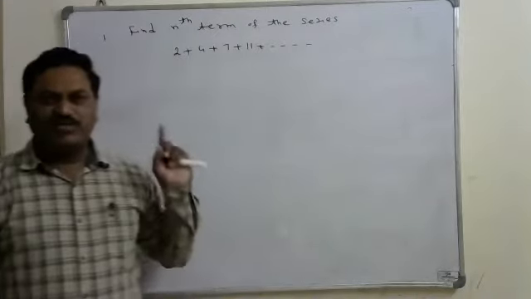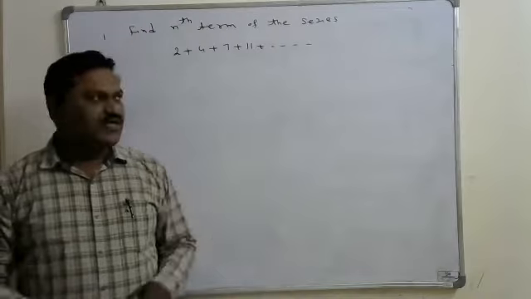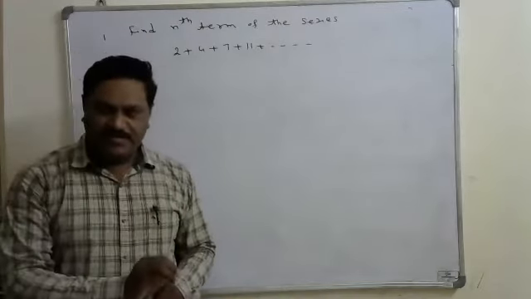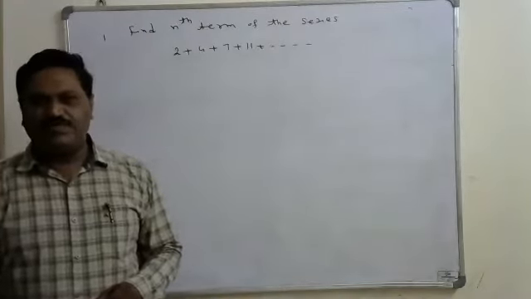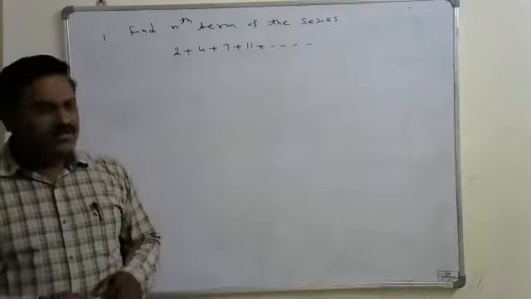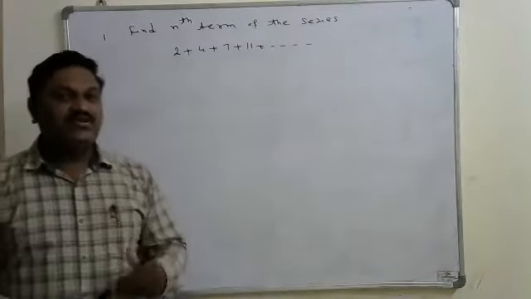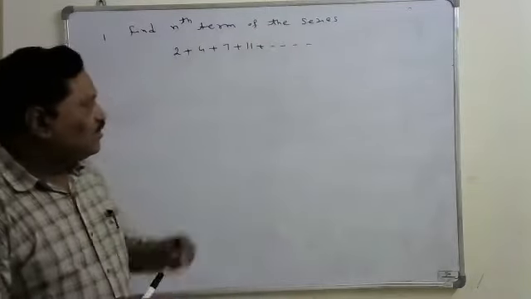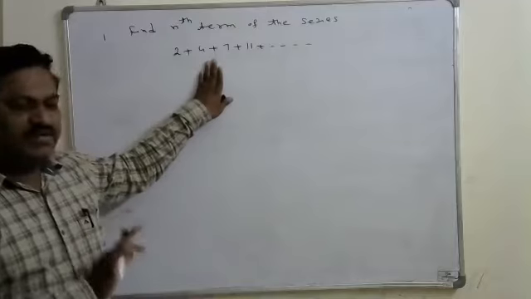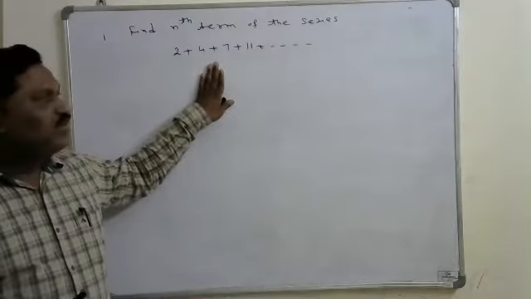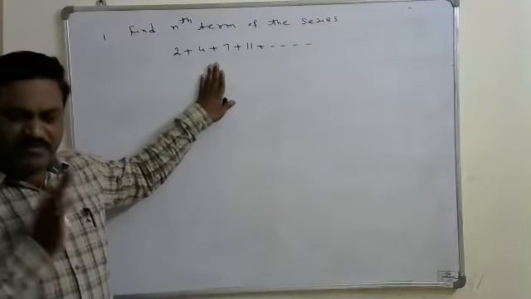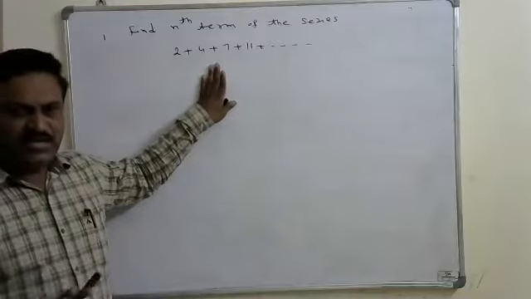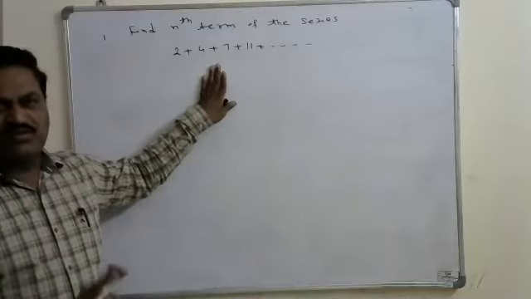But actually, if you observe this series, it is not in AP, GP, AGP, or HP. So how do you find the nth term of this series? Observe this model of the problem. Here the common difference is not the same, and the ratio is also not equal.